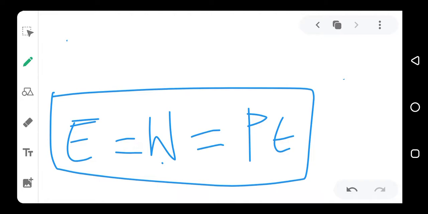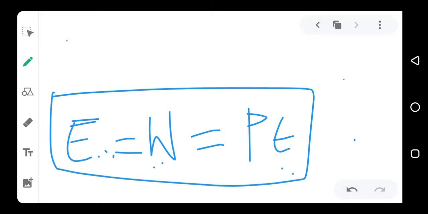Now what this simply means is that we can calculate energy by saying that energy is equal to PT. If we are given power and time and we are asked to calculate the energy of the object, we simply say that since work is equal to PT and work is also talking about energy, it also means that energy E is also PT.